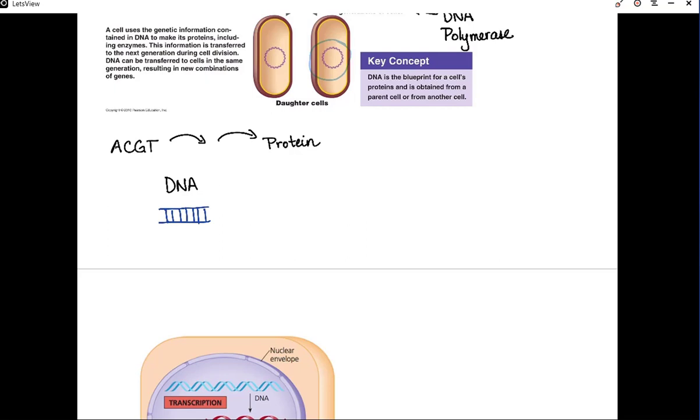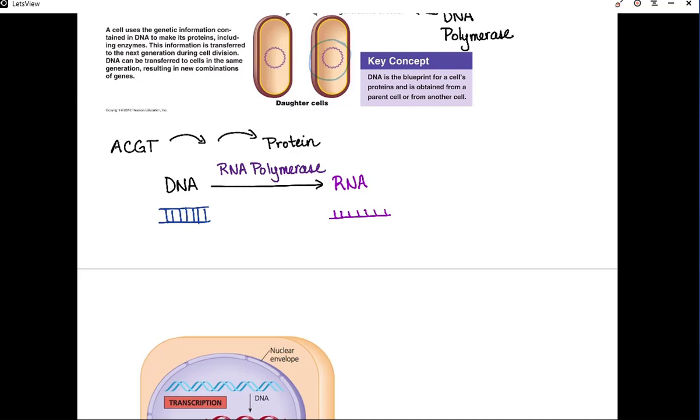Then what's going to happen is an enzyme called RNA polymerase is going to read parts of that DNA and make an RNA copy as a byproduct. So RNA is a very similar but not identical nucleic acid. Now the RNA is single-stranded. So unlike DNA, the RNA is single-stranded.